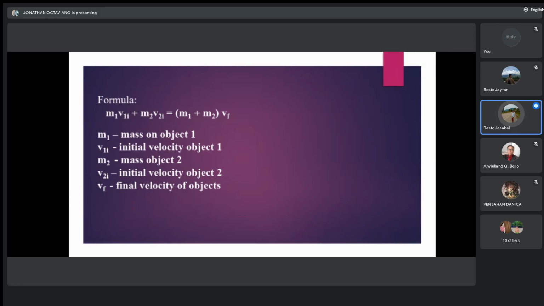So m sub 1 stands for mass of object 1. V sub 1i stands for initial velocity of object 1. M sub 2 stands for mass of object 2. V sub 2i is initial velocity of object 2. V sub f is final velocity of the objects.